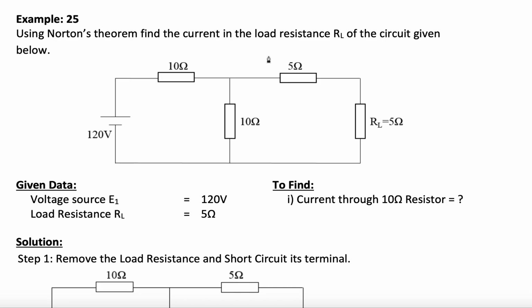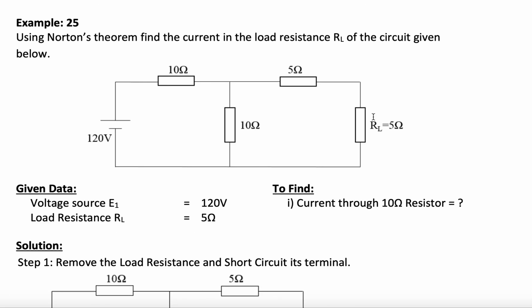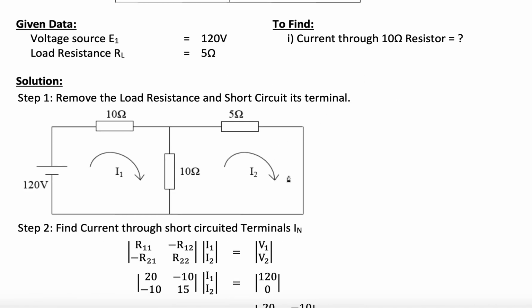Using Norton's theorem, find the current in the load resistance RL of the circuit given below. This is the simplest circuit, so you can easily solve it. Just short circuit this one and find the current. You need not follow this method again. These two are parallel, right?